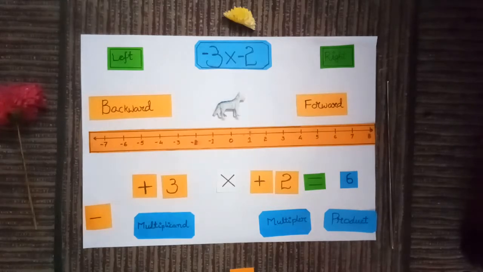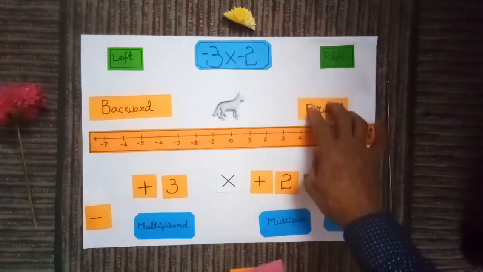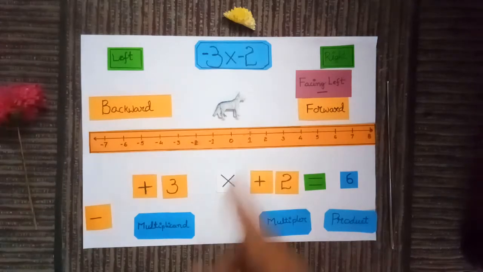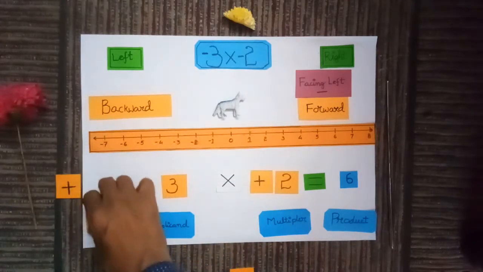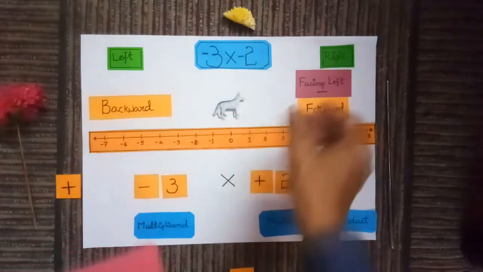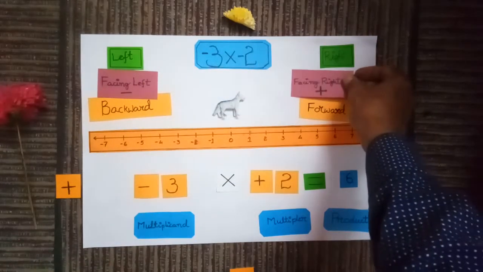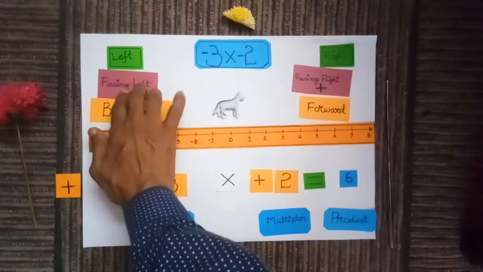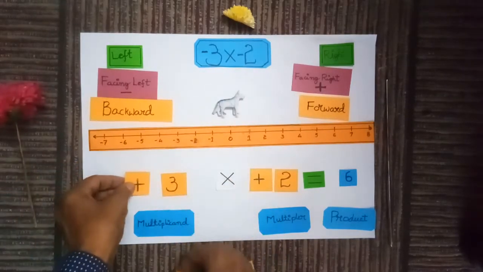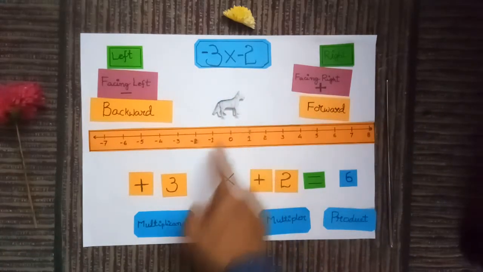Okay. So in the multiplicand, if the sign is positive, it is facing right, like this.